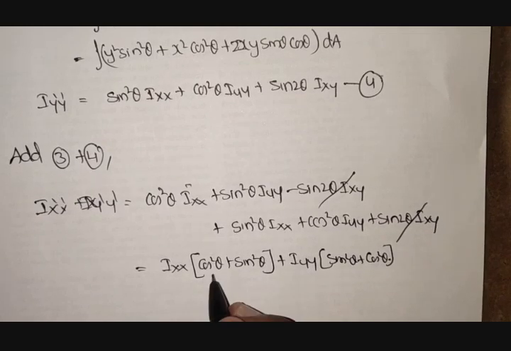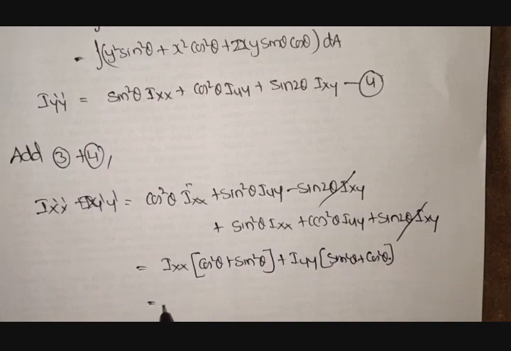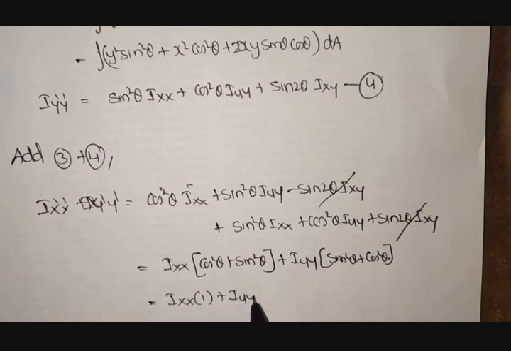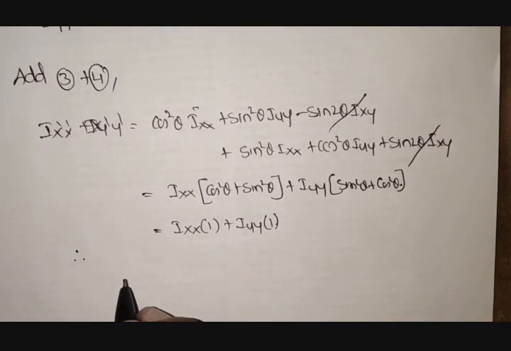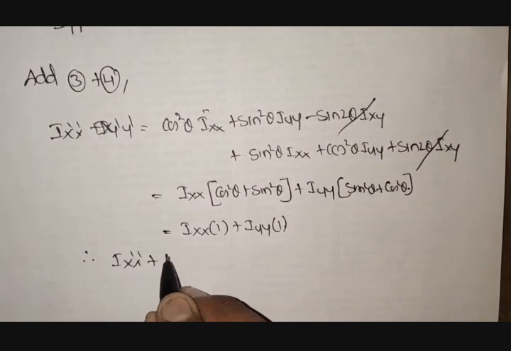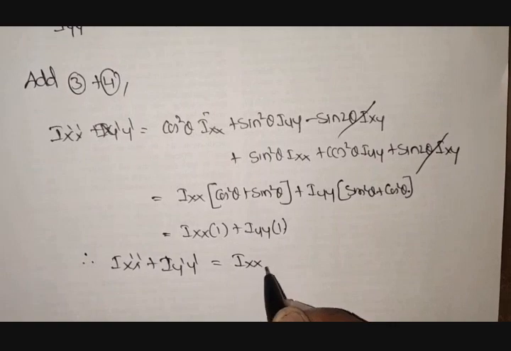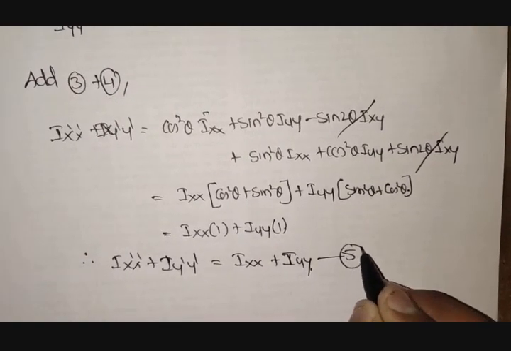So this will become 1 itself, then the value will become Ixx of 1 plus Iyy of 1. Therefore, from this equation it is clear that Ix dash plus Iy dash equals Ixx plus Iyy. Make it equation number 5.